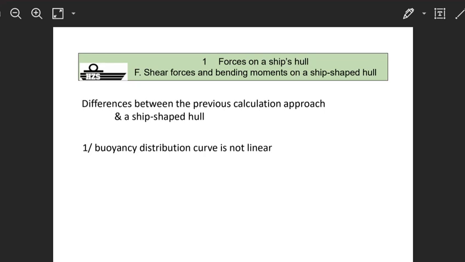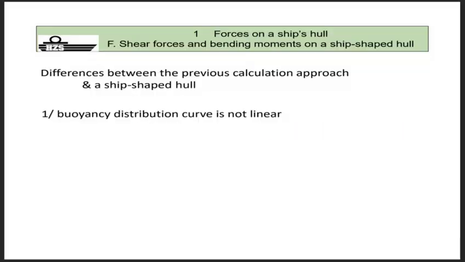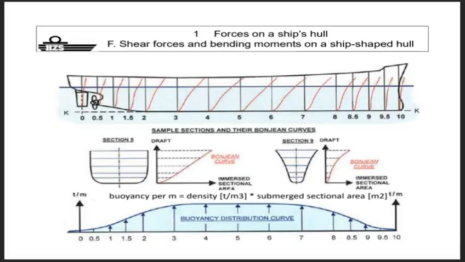The simply shaped whole box type is a simple approach. Of course, it's not realistic, because in reality, your distribution of Archimedes, your upward force, is of course not uniformly distributed evenly over the entire length of the beam, which we took into consideration.